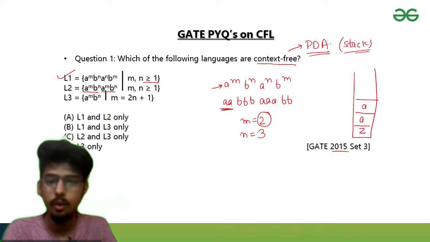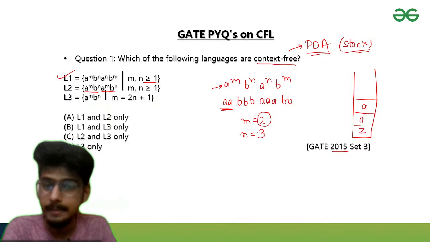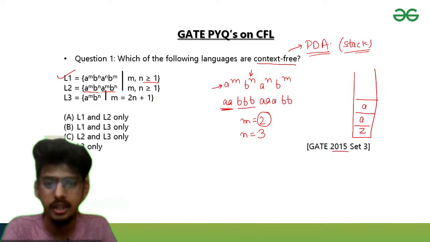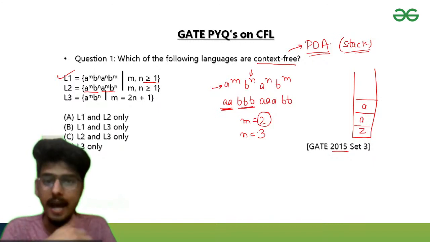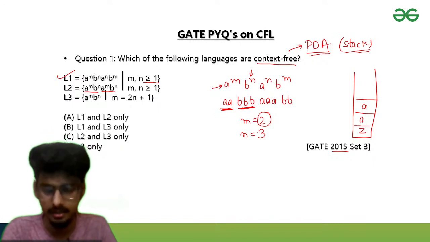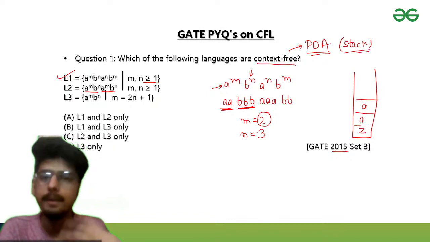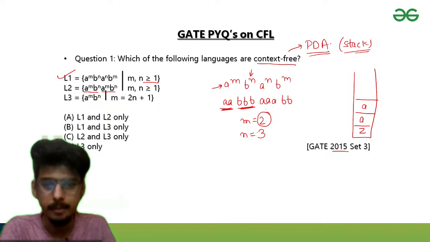Now, whenever I see B, the number of B's over here is not equal to the number of initial A's. I do not have to compare these B's with the initial A's. I have to compare these B's with the upcoming A's.